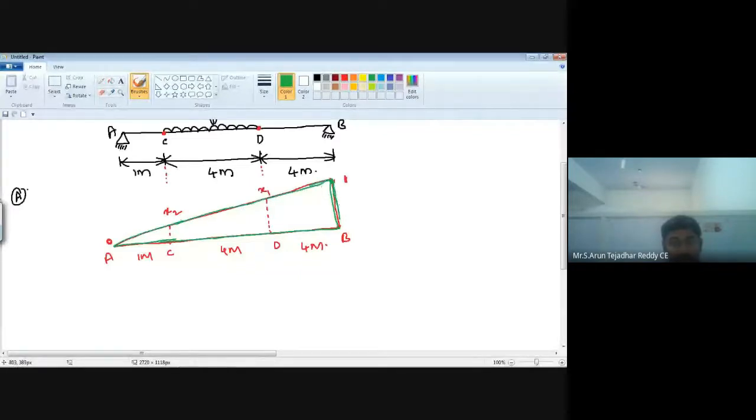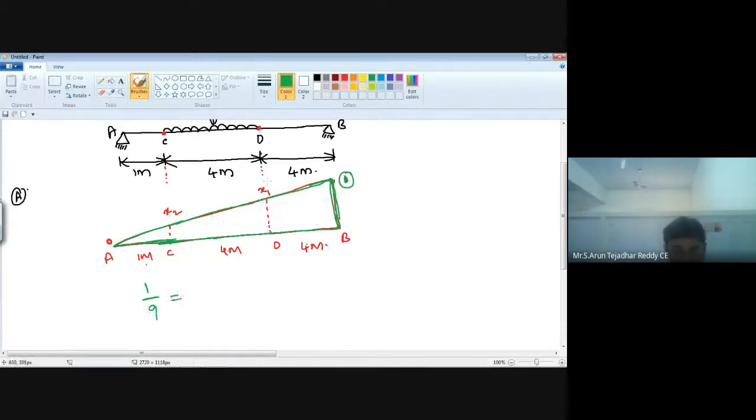This is our first triangle, the bigger triangle. In the bigger triangle, the perpendicular is 1 and the base is A to B, that is 1 meter plus 4 meter plus 4 meter, which is 9.